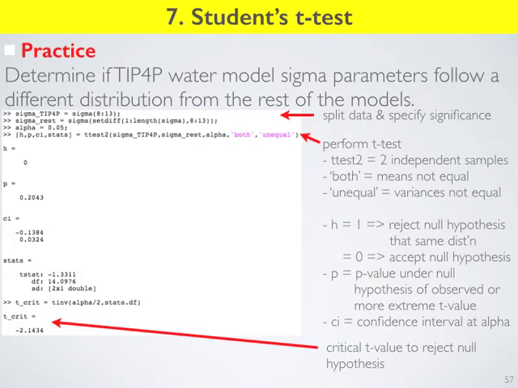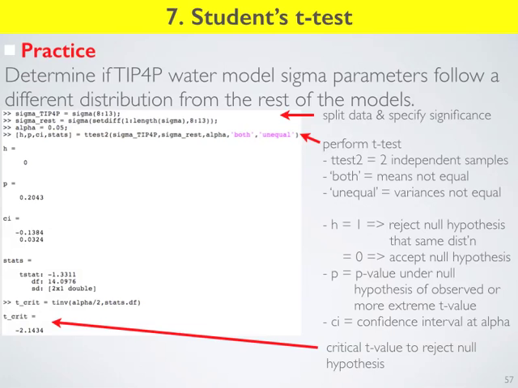And so what test are we doing? The null hypothesis in this case is that the data are drawn from the same distribution. So this is the null hypothesis we're going in with. So let's skip this first one for a second and look at the second one. So P is 0.2043. And so what does this mean?